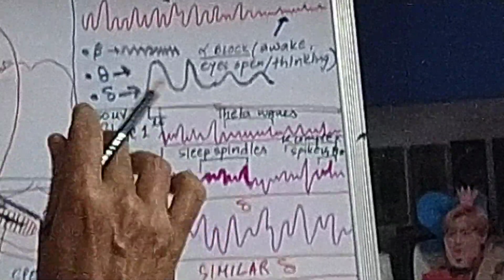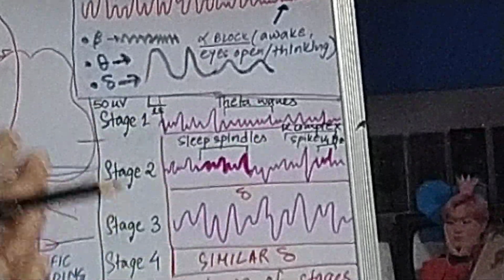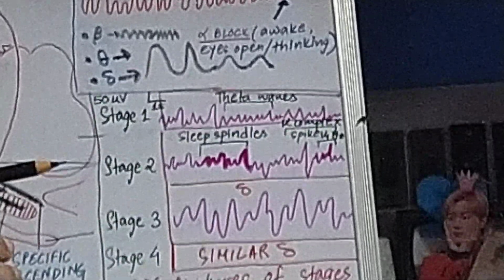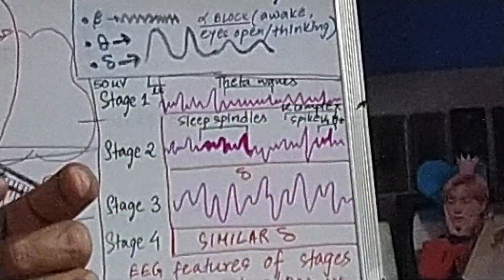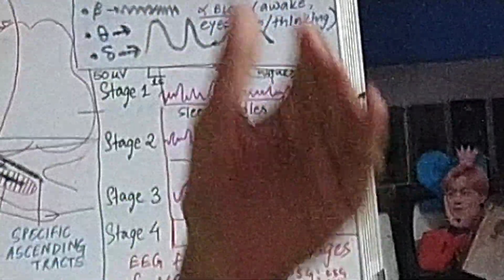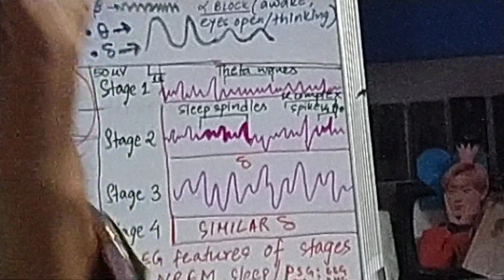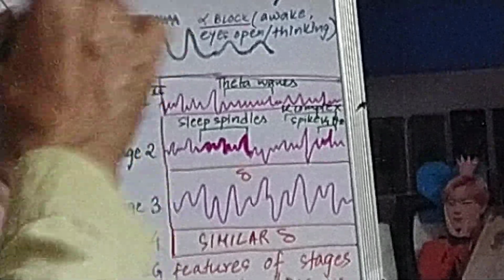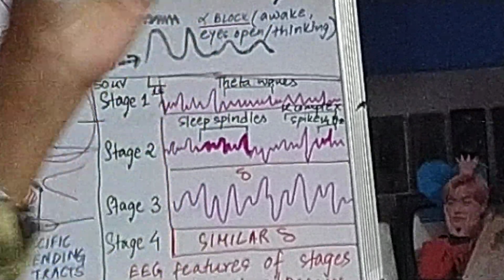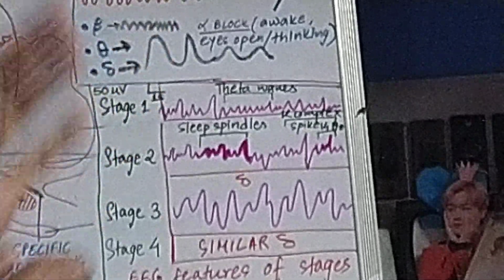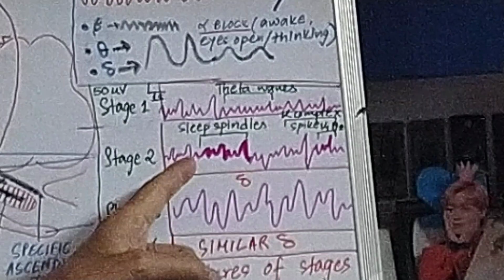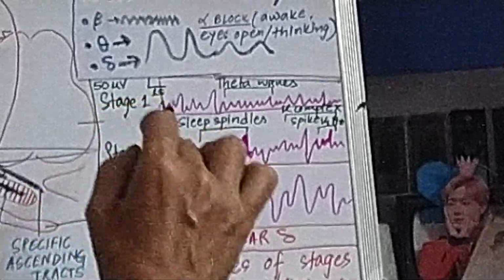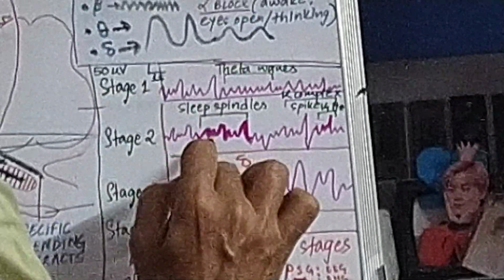Right. These theta waves undergo a considerable change in stage 2. The person is gradually going into a deeper stage of sleep, so there will also be a reflection in the electroencephalogram. In stage 2, we find a characteristic feature of the EEG wave known as sleep spindles.